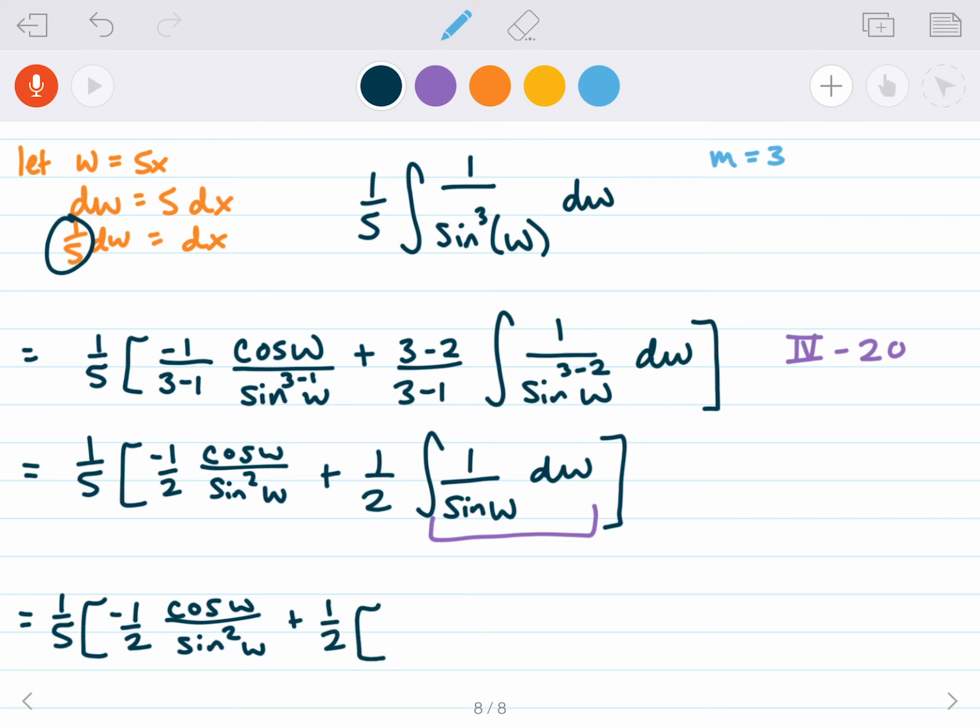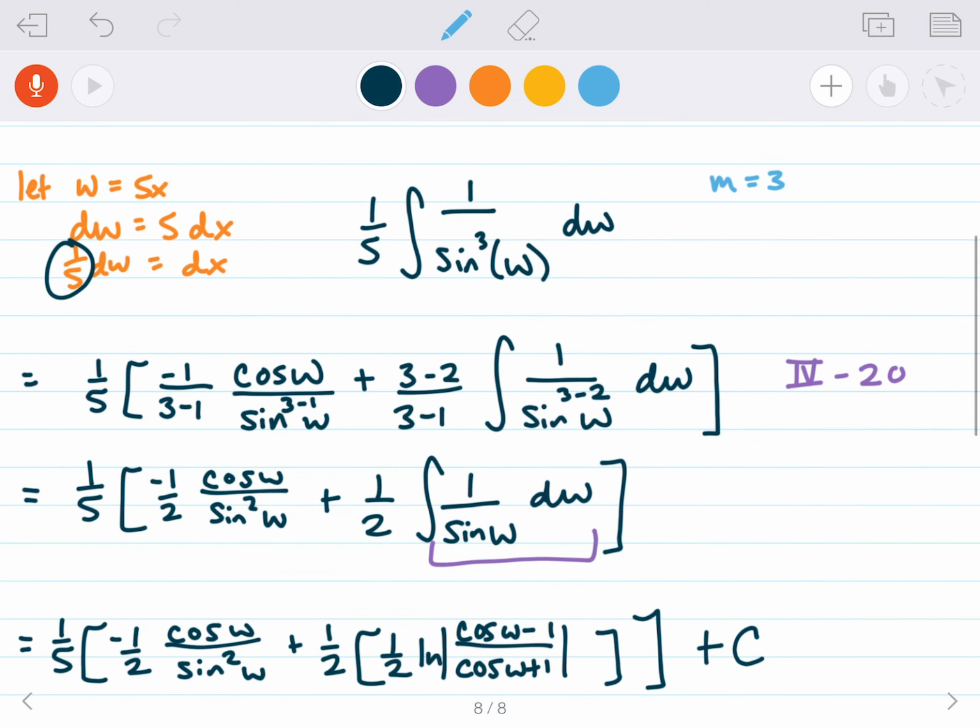Instead of 1 over sine w, using 20, I have 1/2 ln of cosine w minus 1 over cosine w plus 1, in absolute value bars. And then at the very end of this, we have a plus C, of course.